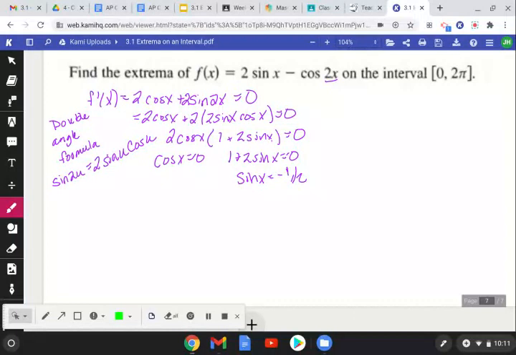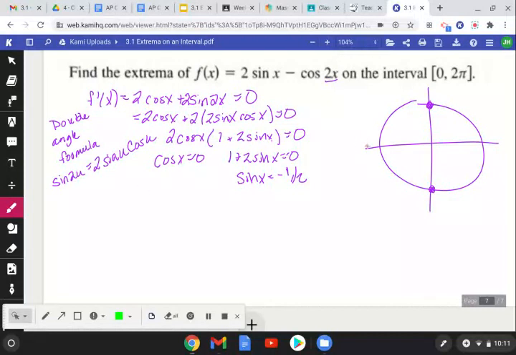So if we talk about our unit circle to help us out, we are trying to figure out where cosine is equal to 0. Well, it's cosine, comma sine. We're looking for x values that are going to be 0. So that happens here and here. Okay, and we're only going from 0 to 2 pi, so that's one rotation around the unit circle. We don't have to go more than once, so we don't have to talk about the other ones.